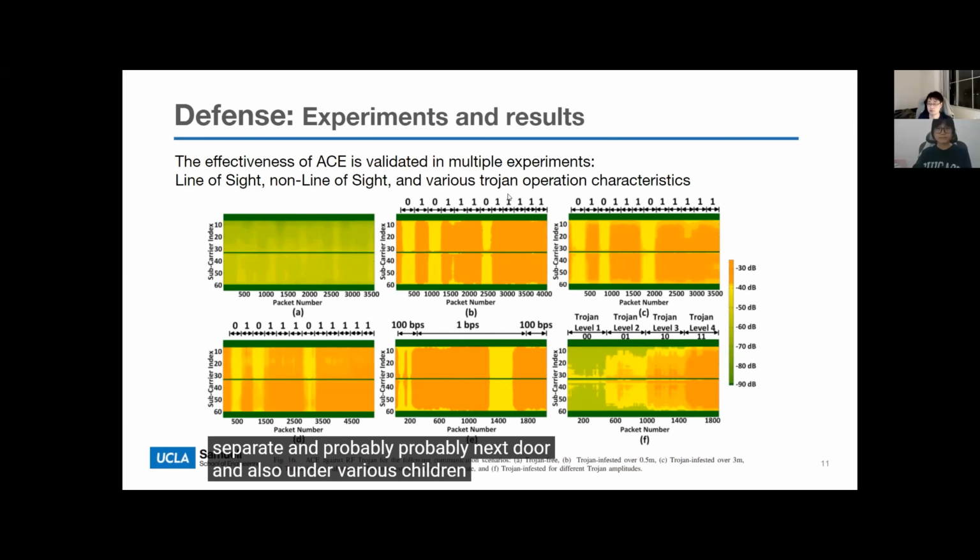And also under various Trojan operation characteristics: just like my partner explained, the Trojan activity may take place in the form of power, impedance, or gain, and all those different characteristics can be detected by ACE at the receiver side, as shown in these figures.